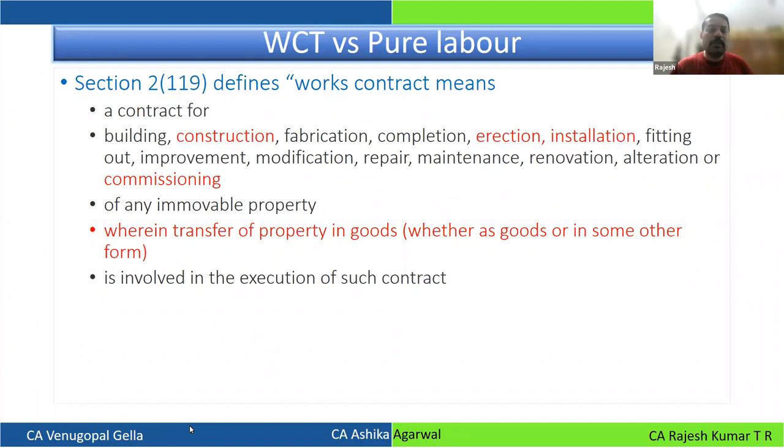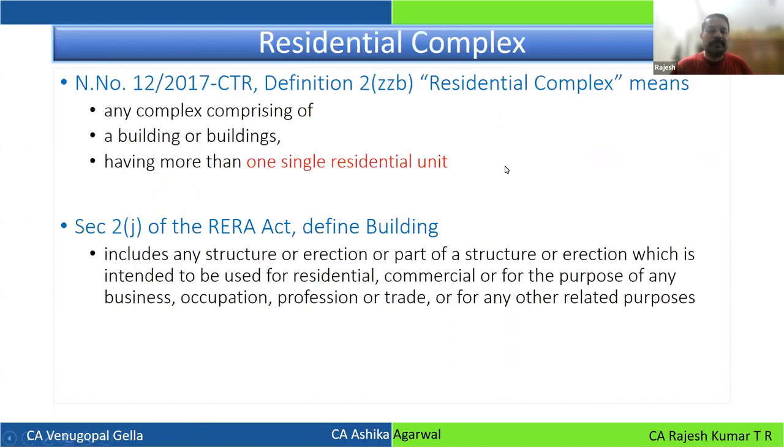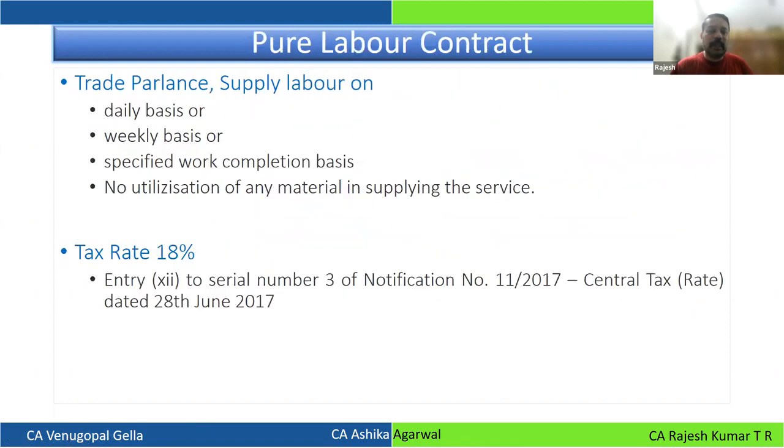Point number two, when we talk about Ashika, can you just go back to the pure labor slide, please? Okay. Supply of labor. I was trying to make a distinction between the contract for construction and the service contract for supply of labor. Be careful.